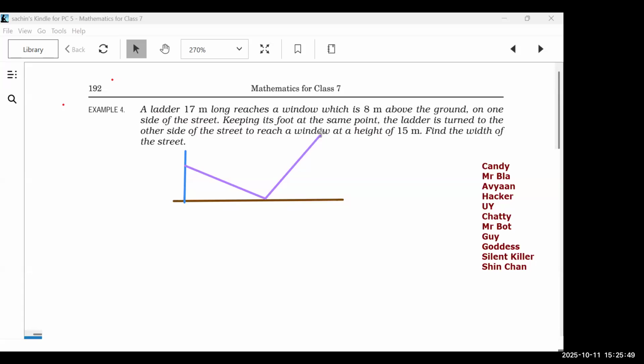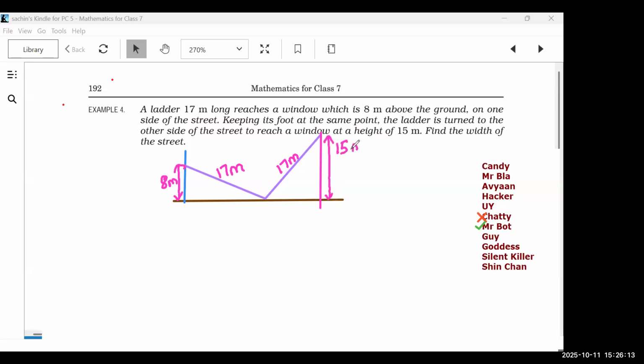The house is pink in color. The length of the ladder remains the same. This was 17 before, and even after shifting to the other street, it's 17. In the first house, the height of the window is 8 meters. In the second house, it is 15 meters.